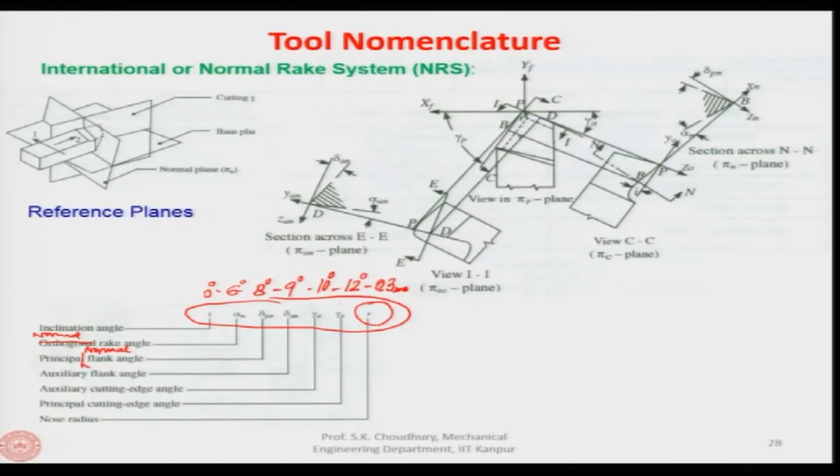Okay. So, this is the sequence and you have to read it in the way that 0 means 0 inclination angle, okay. 6 degree means the normal rake angle will be 6 degree and so on. As I was telling initially, if we have one tool purchased from the ASA system, for example, and being used in the ORS system, these angles have to be converted because the tool has to be reground.